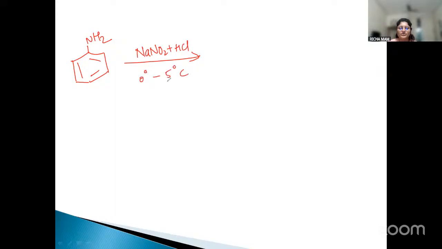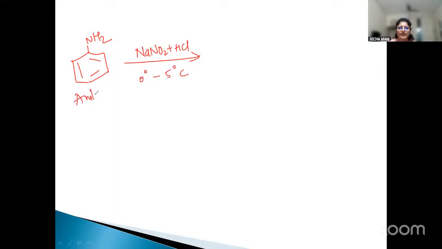First one is primary aromatic amine. So I'm going to take aniline and react it with NaNO2 plus HCl at 0 degrees Celsius to 5 degrees Celsius.